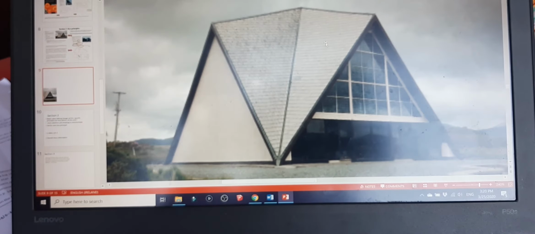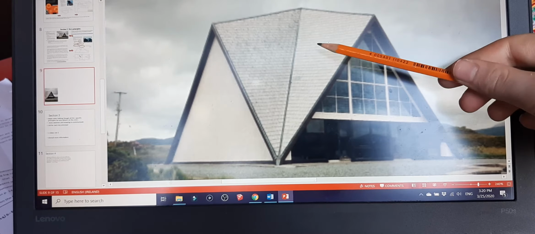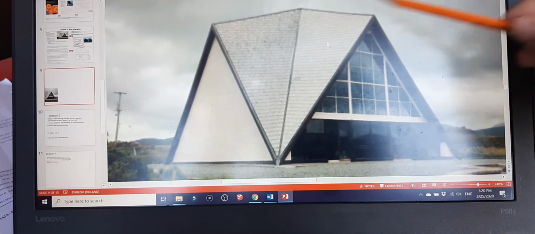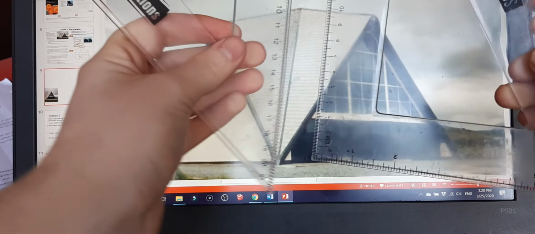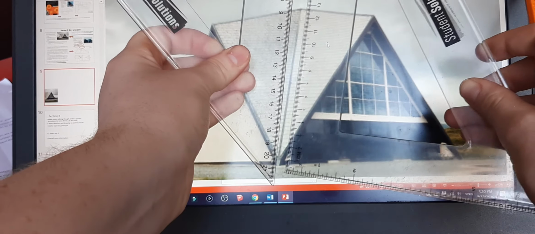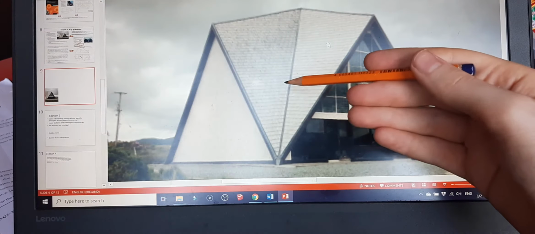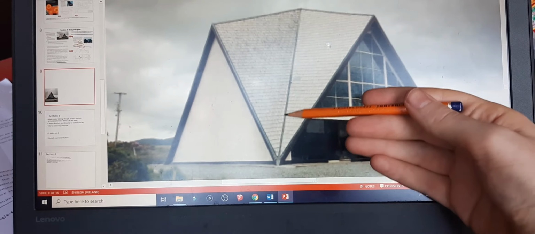So this, where I'm pointing right here, that's obviously one side of the plane, and that's the other side. So if I use my set squares right here, this is one side and this is the other side, when they meet right here, they want to know what is this angle right there.